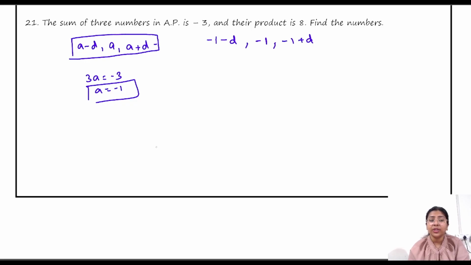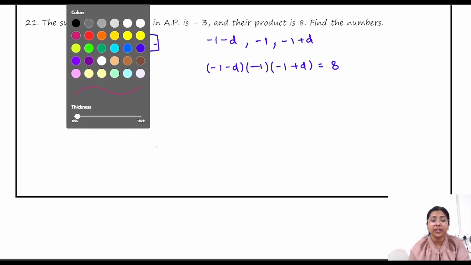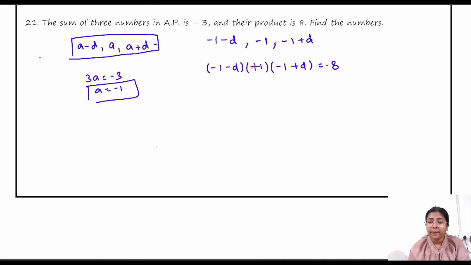According to the question, their product is minus 8. So we can write minus 1 minus d into minus 1 into minus 1 plus d is equal to 8. Yes or no? Multiplying the equation by a negative sign converts it into this.